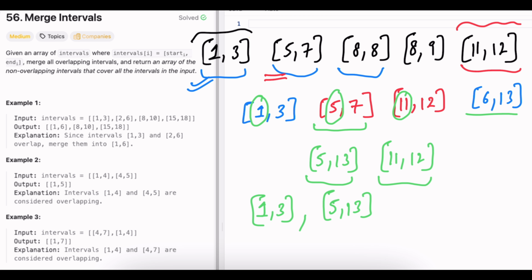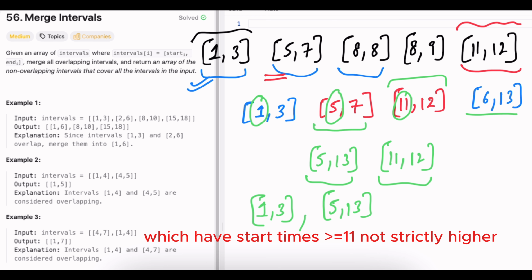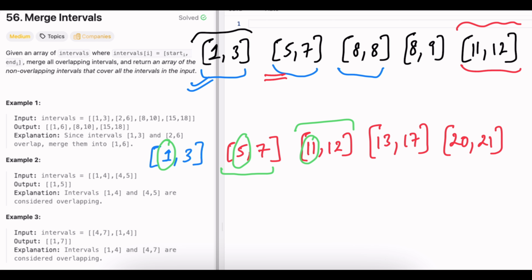One more thing that could happen is there could be more intervals which are to the right of 11,12, that is, which have higher start times than 11. So let's try to understand that case. Now let's say these are 5 intervals that we have processed so far, and now a new interval comes in, let's say 6,19, and now let's see what's going to happen.